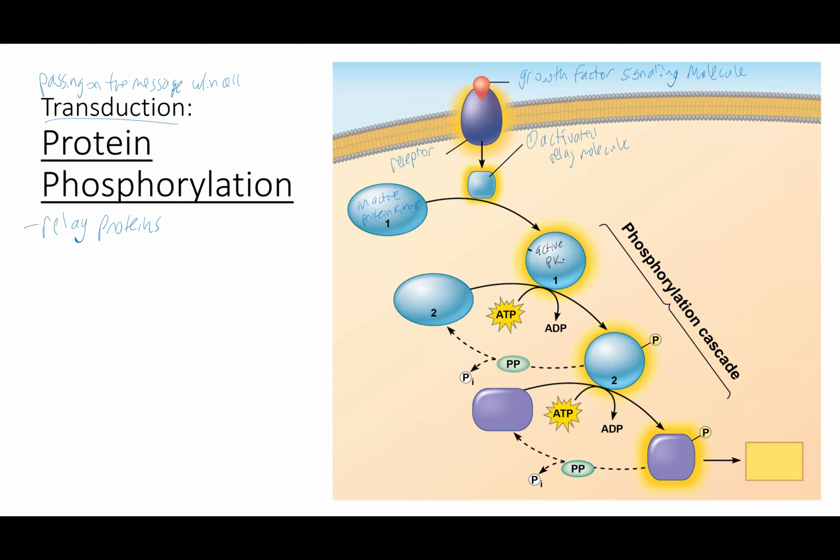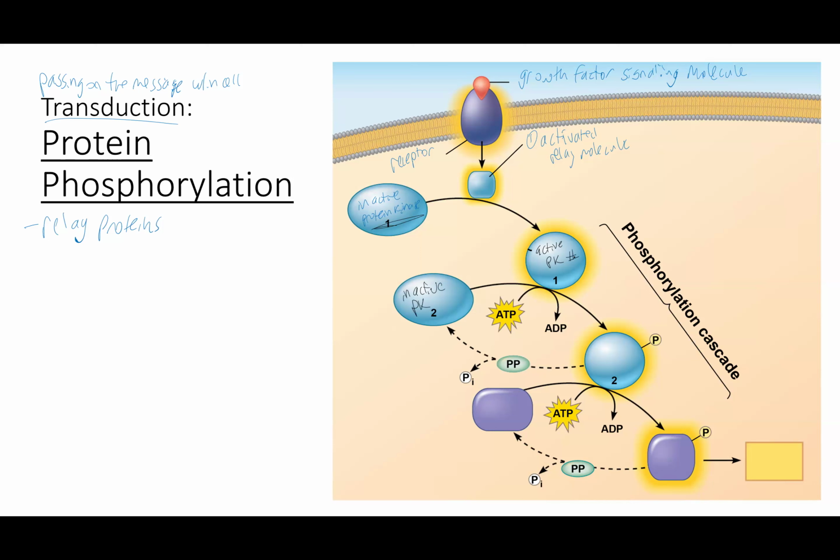It catalyzes the transfer of a phosphate, taking a phosphate from ATP and putting it on a protein. So it catalyzes protein phosphorylation. So we have an inactive protein kinase molecule. This relay molecule is going to activate it. So now we have an active protein kinase molecule. It's going to take a phosphate group from ATP, and it's going to take this inactive.